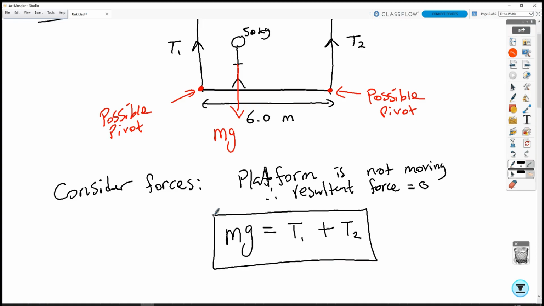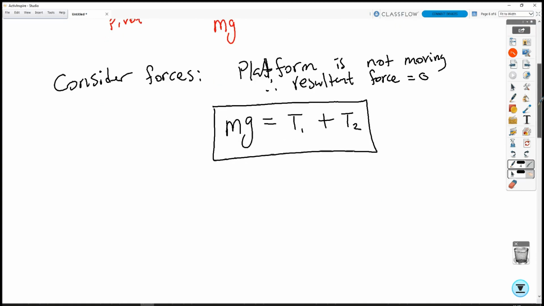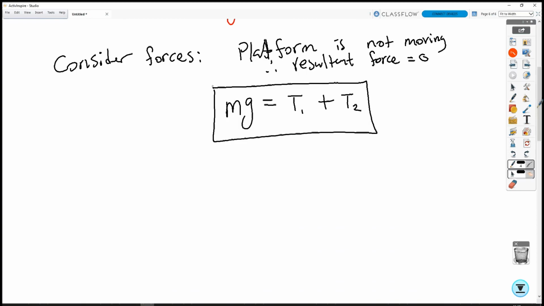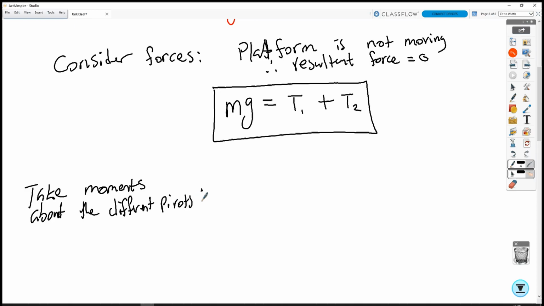Then we have to take moments about our possible pivots. Take moments about the different pivots. So, the system is in equilibrium. It's not moving, it's not rotating.